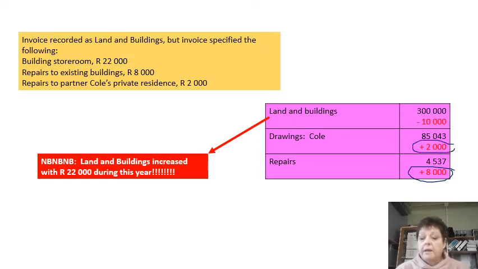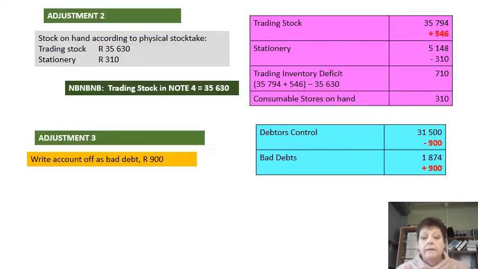That's why I have a plus 2,000. So if you take that away, then you should minus that 10,000 from buildings and add to those two accounts. Don't forget when you get to note 3 that land and buildings increased during this year.